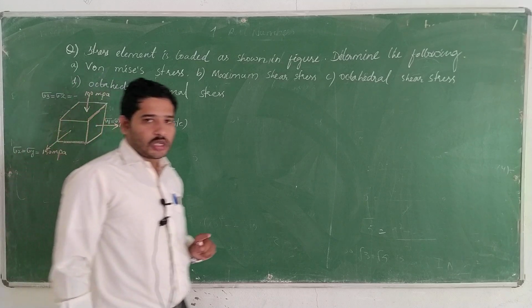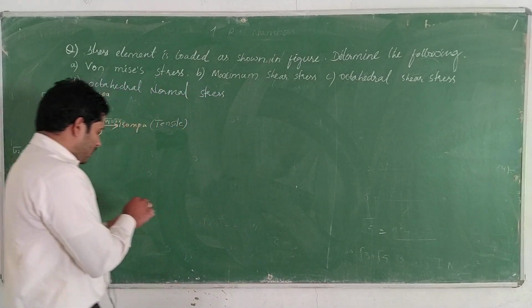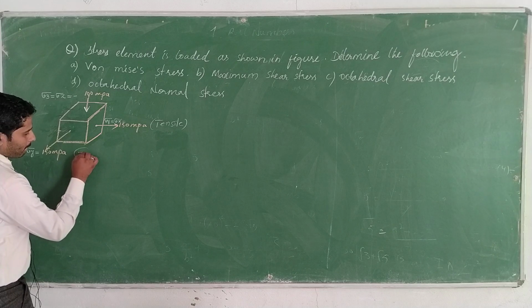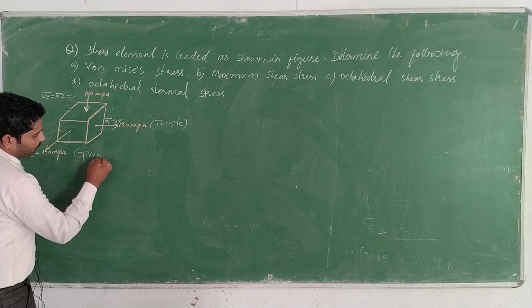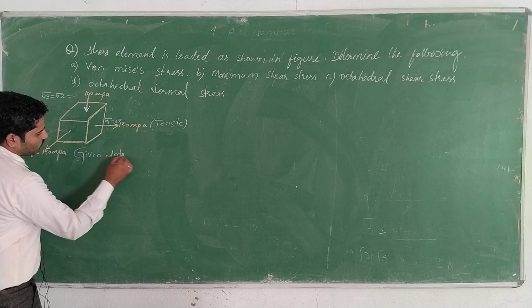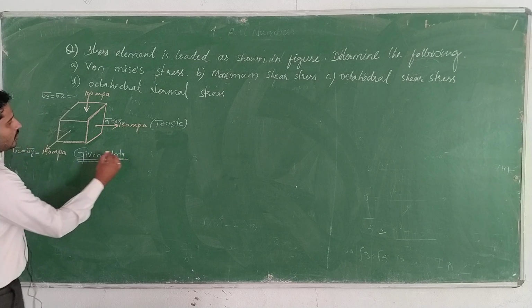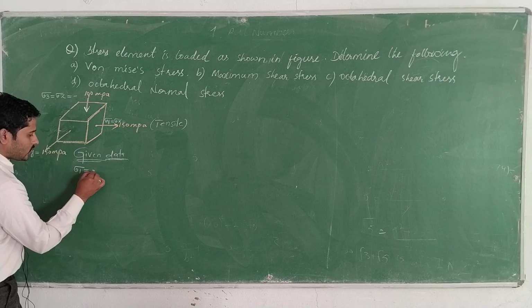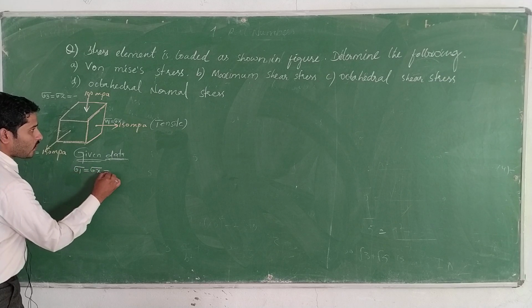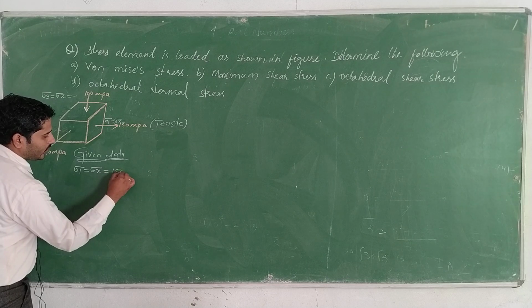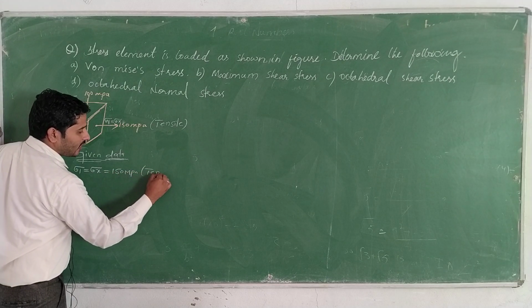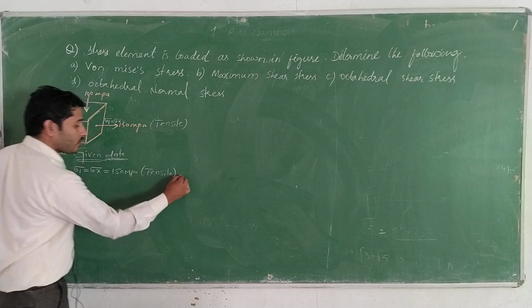Okay dear, any confusion up to here? No. Then first of all we need to write down the given data. Sigma 1 equals sigma x equals 150 megapascal, tensile in nature.